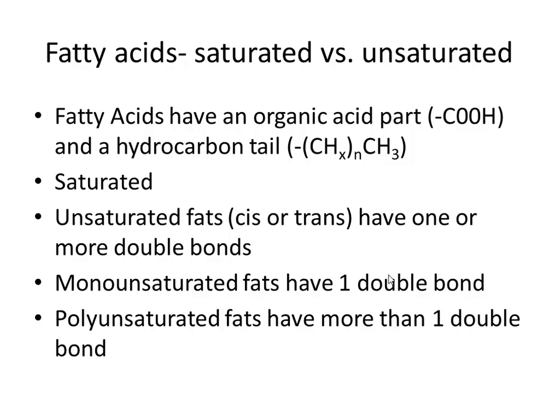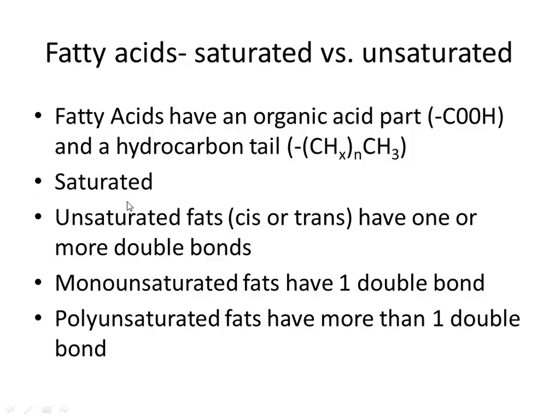Where you guys see this is like fatty acids, so like the oils that you have for dinner when you're cooking with olive oil. Fatty acids have this organic acid part, which is COOH, which is why we call acetic acid CH3COOH sometimes, because of that organic acid. And then they have a hydrocarbon tail.